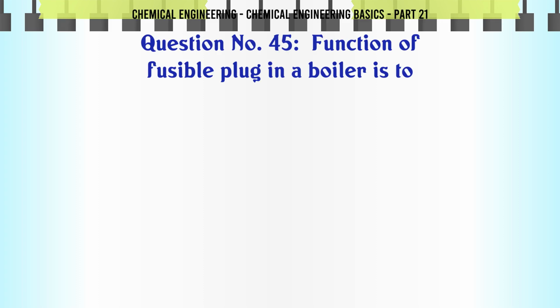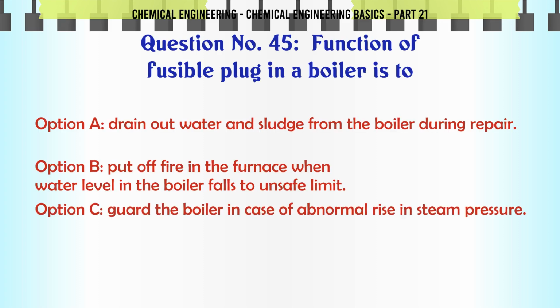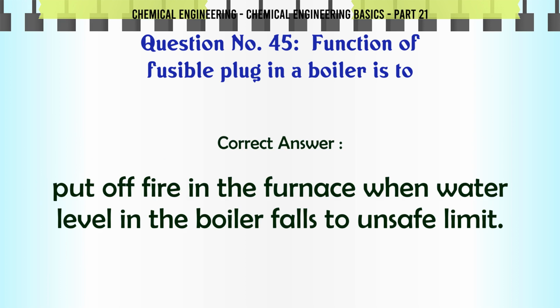Function of fusible plug in a boiler is to: A. Drain out water and sludge from the boiler during repair, B. Put off fire in the furnace when water level in the boiler falls to unsafe limit, C. Guard the boiler in case of abnormal rise in steam pressure, D. All ABC. The correct answer is put off fire in the furnace when water level in the boiler falls to unsafe limit.